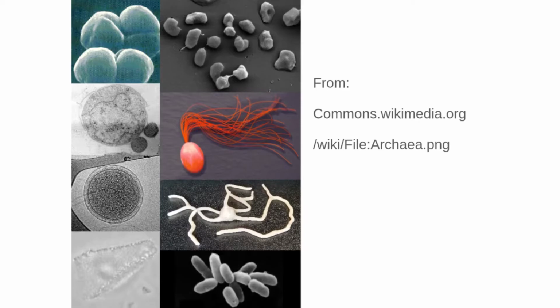They reproduce asexually by binary fission, fragmentation, and budding, and unlike bacteria, no known species of archaea form endospores. I highly recommend you look this word up, as I would not be able to be more specific on what exactly fission, fragmentation, or budding reproduction is. I can look that up if you really want me to, and we can talk about it later. But basically they reproduce in different ways.